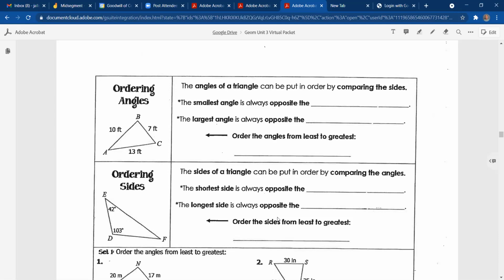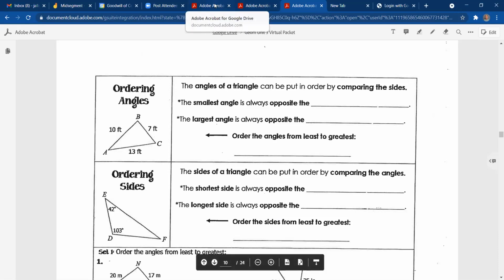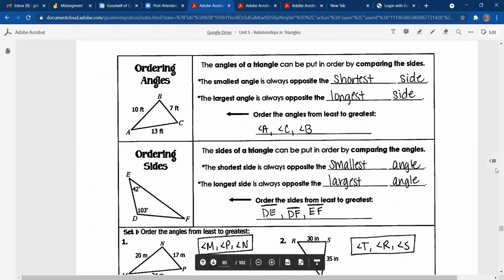And then of course, the third side, that's what you have left. So there's two parts to this ordering angles. One is when you have the side lengths and you're looking to put the angles in order, shortest to longest, or it says here least to greatest, that would be shortest to longest.